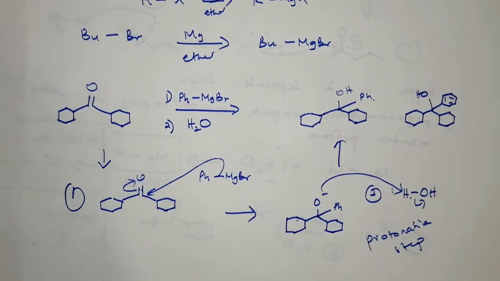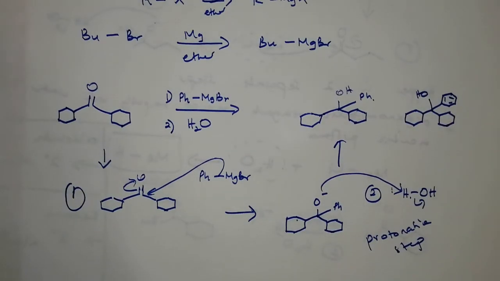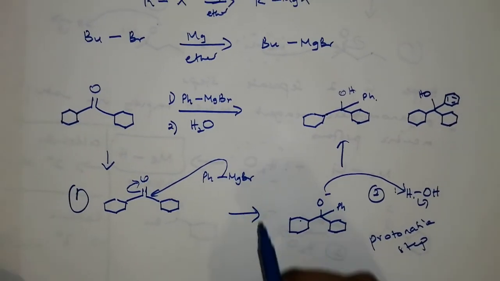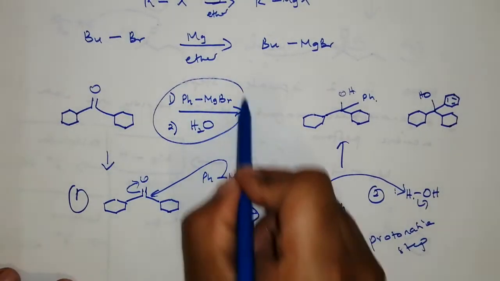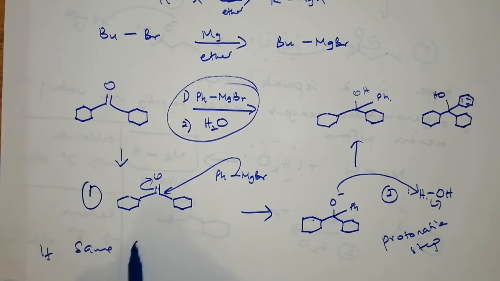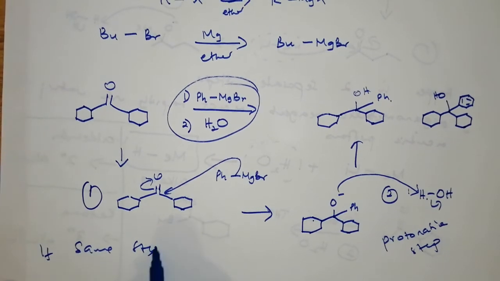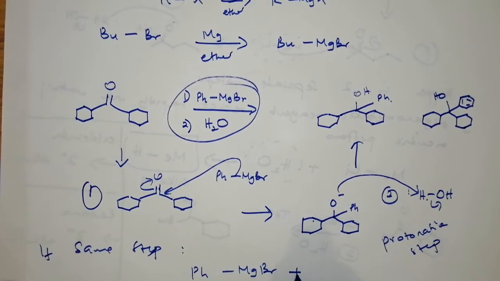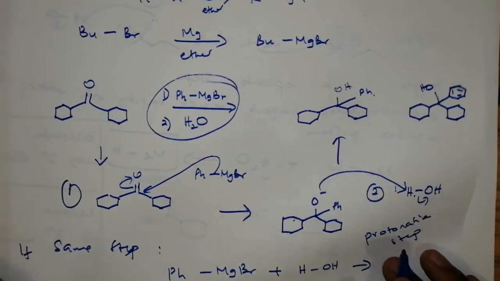Also, guys, this is the same as organolithium in the sense that if these two are in the same step, what is going to happen is that Ph-MgBr will react with water and be protonated.